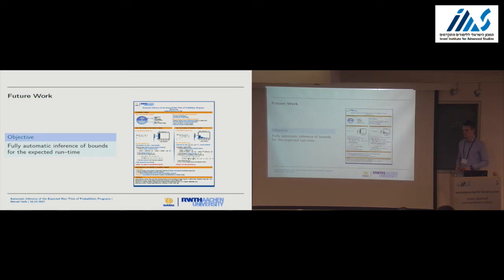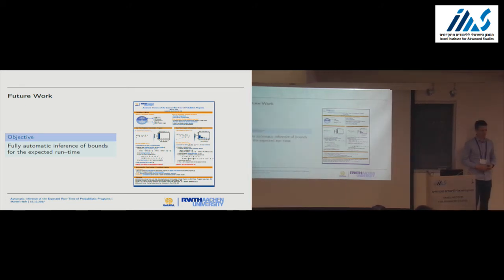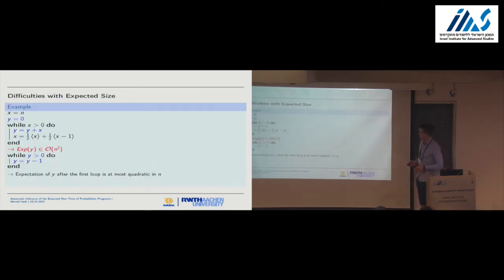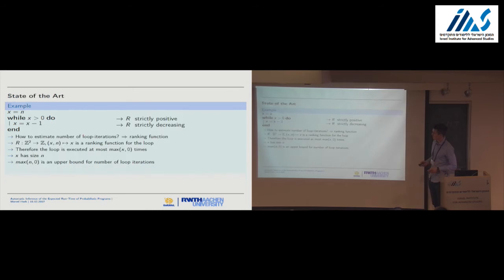Any questions? Yeah, I don't know much about this. Can you give us a little bit of insight of how you do that for non-probabilistic programs, like automating finding the expected runtime? Okay. How do you automate finding the ranking function?